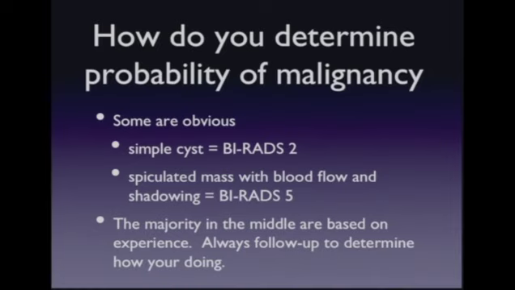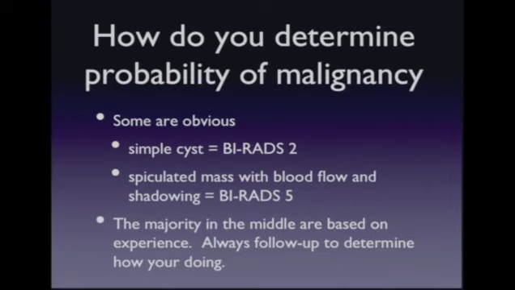You should always follow up your assessments to see how you've done. And I gave you the percentages of lesions that should be malignant for each of these categories. I think it's very important that you do your follow-up and realize if you're overcalling or undercalling cases.